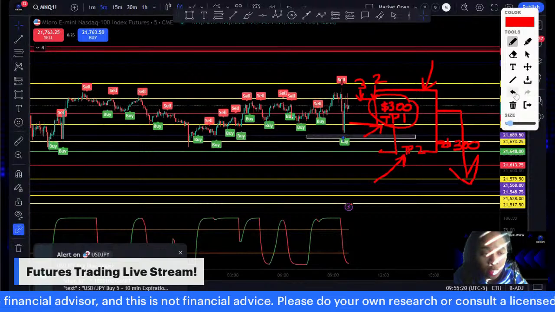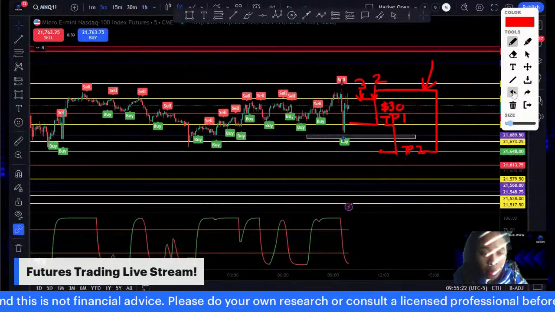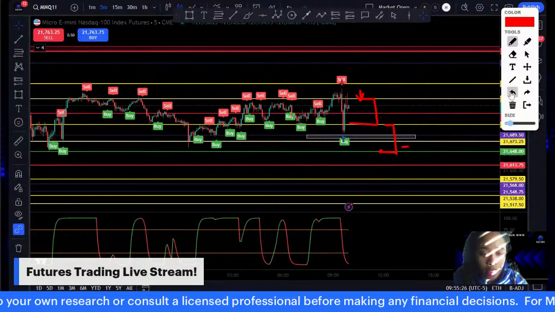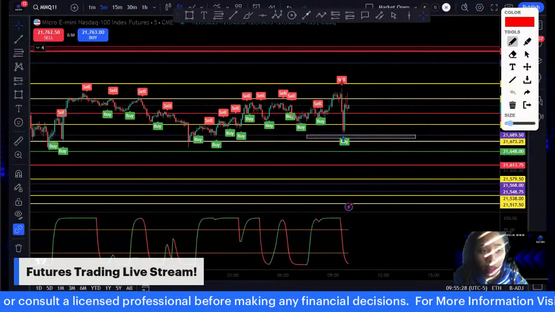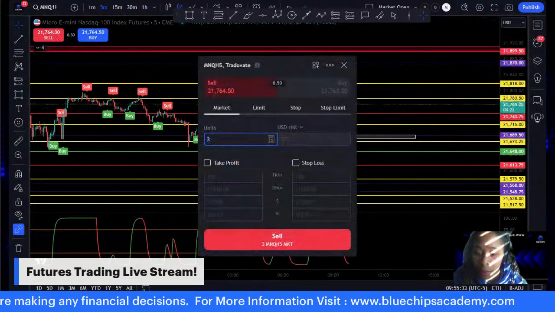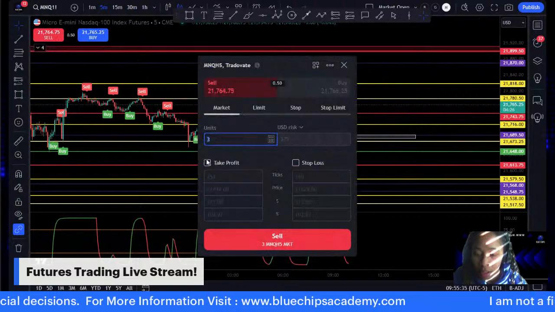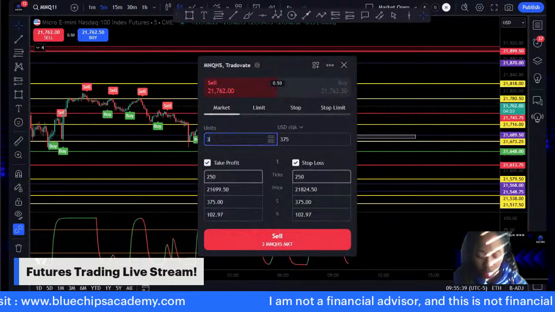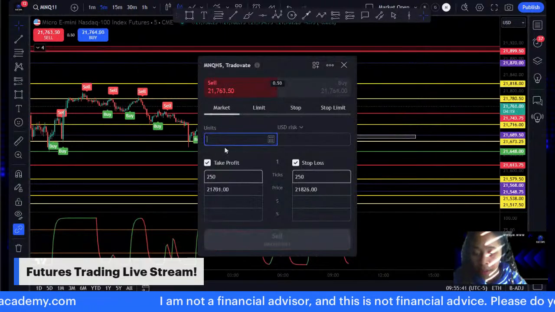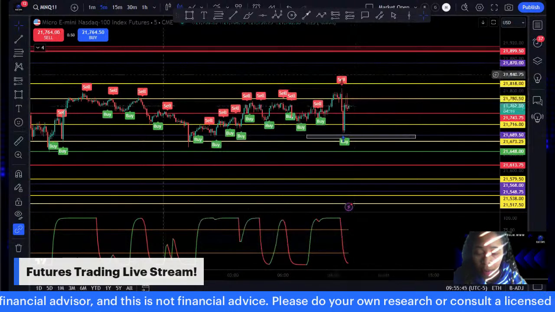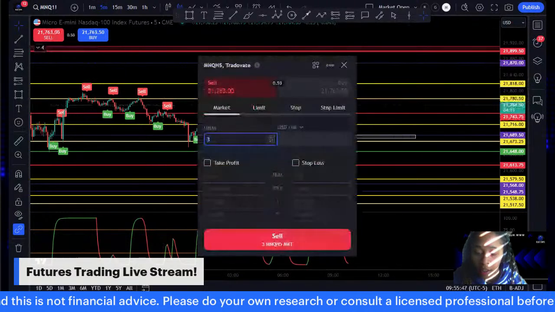All right, I'll go through that one more time. When you get into a sale, you're doing the same thing twice. That's all it means. When I go here, I click sell. This is my first position for TP1. I'm putting 3 contracts, take profit, stop loss. Boom, I'm clicking sell. When I want to get into my second position, I'm in my position with 3 contracts, then I go back here and I go sell again.